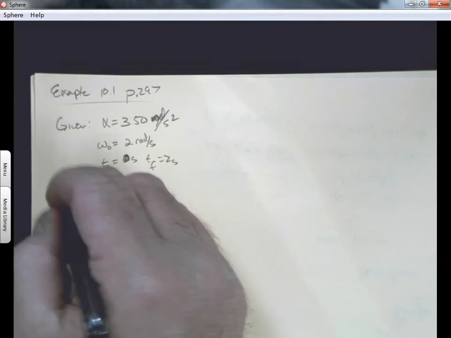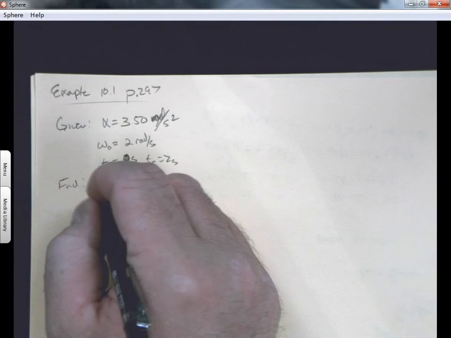We are to find delta theta, our change in angular position.